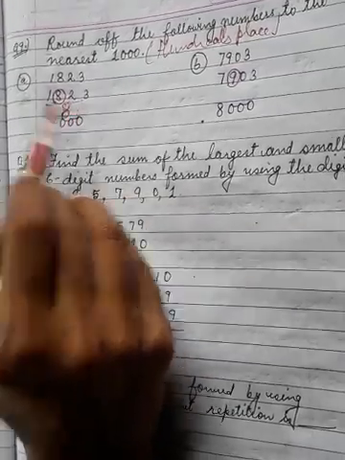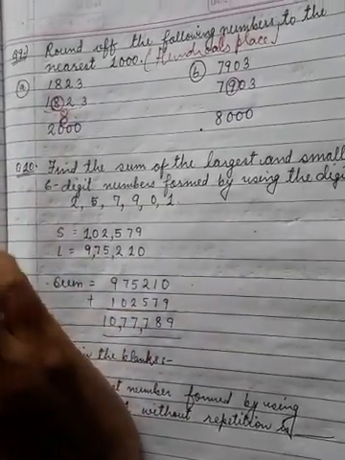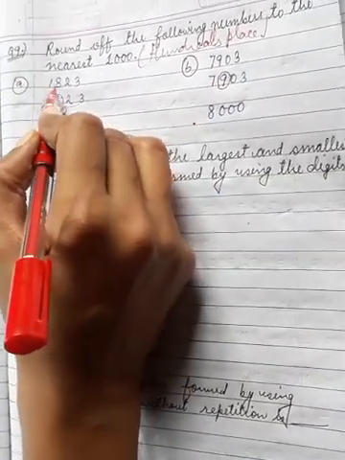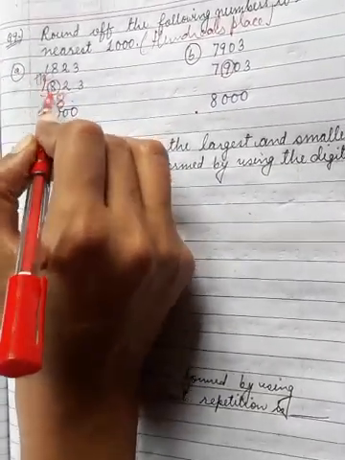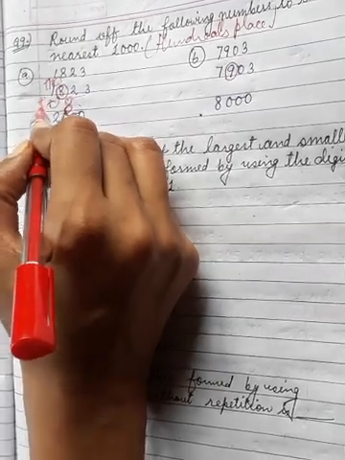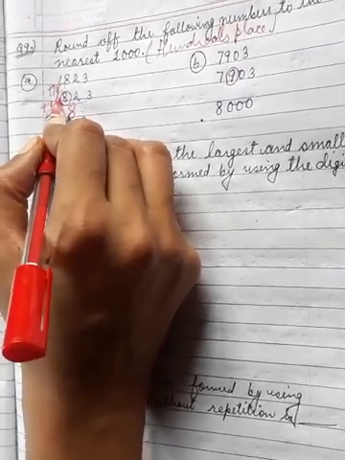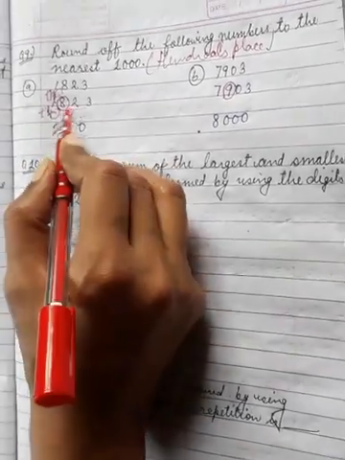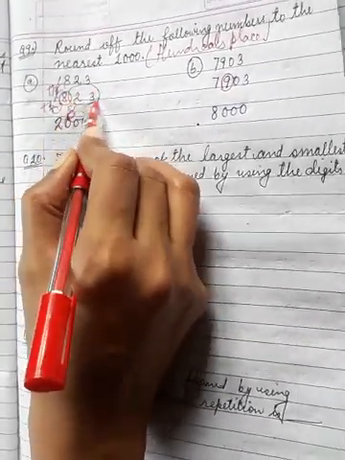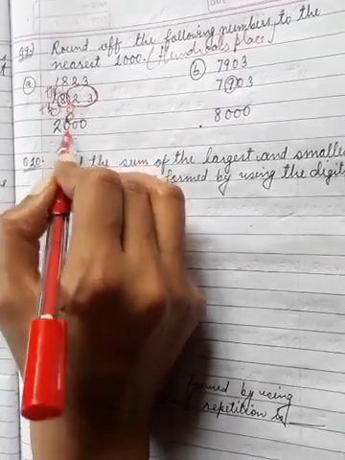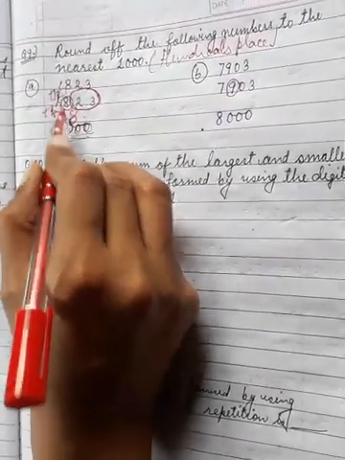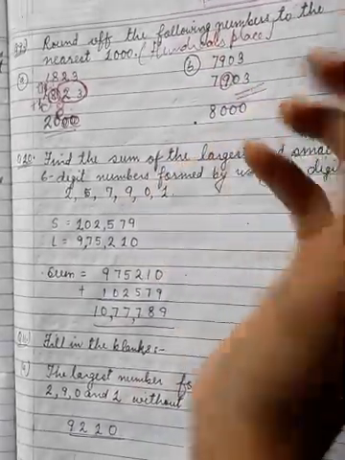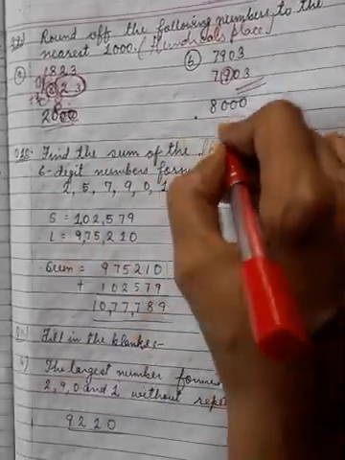Rule number 2 says that when the digit is 5, 6, 7, 8 or 9, it becomes 0 and 1 is added to the number that just comes before it. तो इसके पहले कौन सा नंबर आया 1, उसमें 1 ऐड हो जाएगा because it follows rule number 2. So 1 becomes 2 and the remaining numbers after 2 also become 0, और जो number उसके बाद आया वो भी 0 हो गया. Again here the same condition is followed and it becomes 8000.